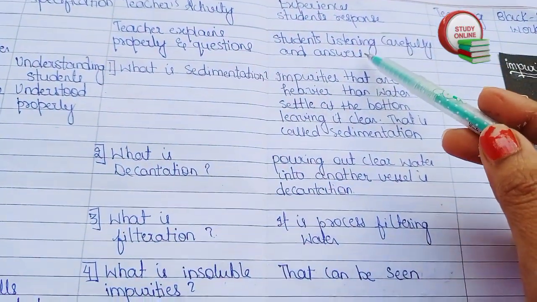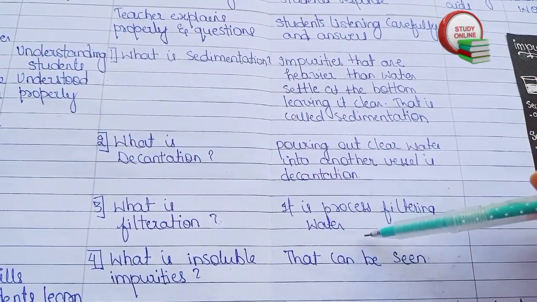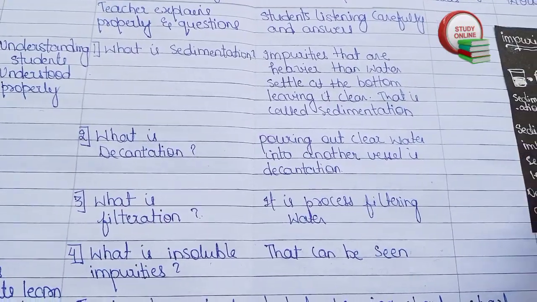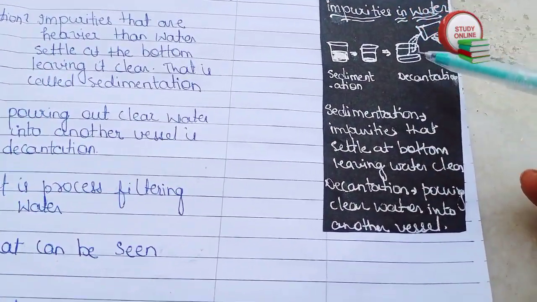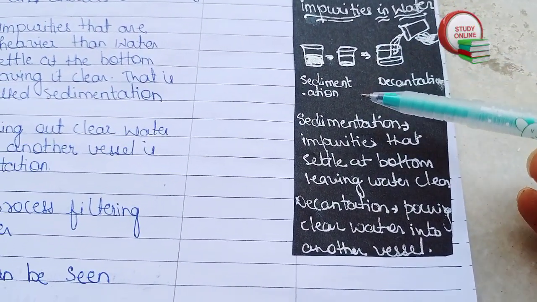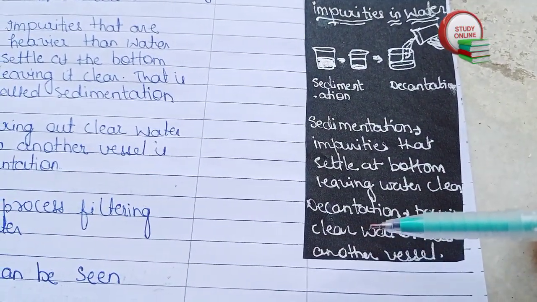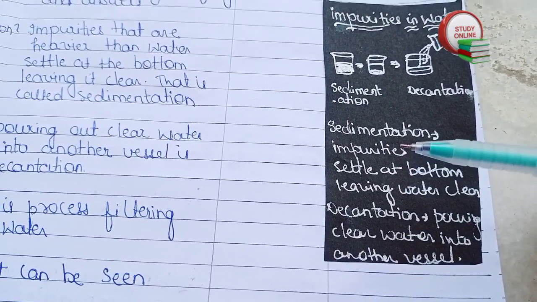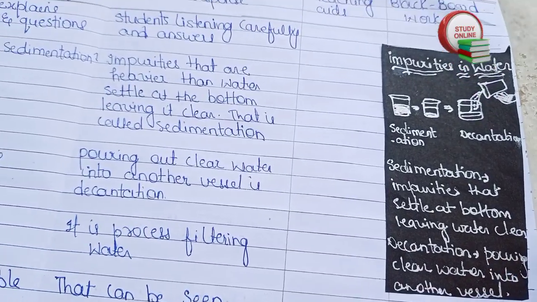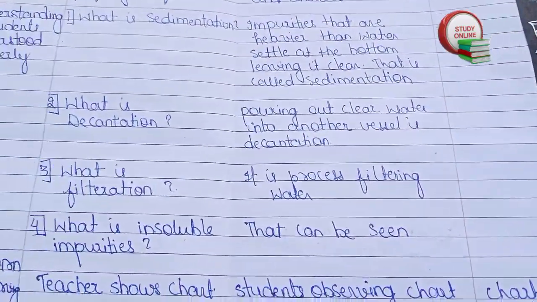Now here is the answer that we are expecting from students. And here you can see the diagram that I actually forgot to draw in the presentation part. You can draw it like this, and you can write the definitions of sedimentation and decantation.